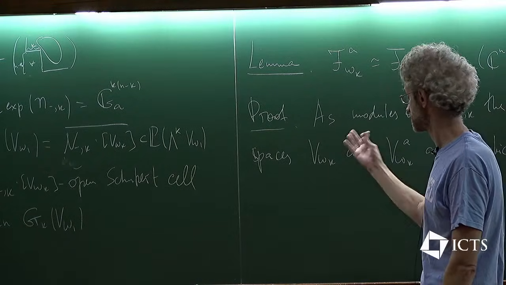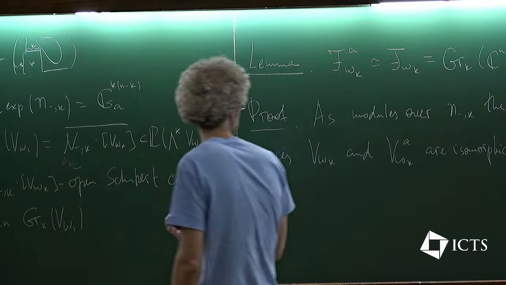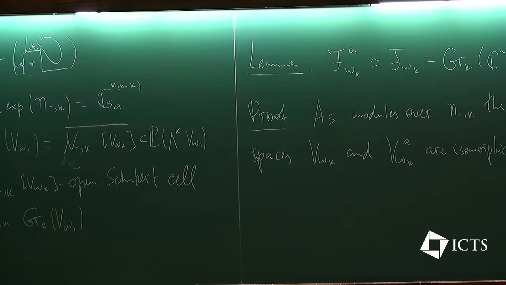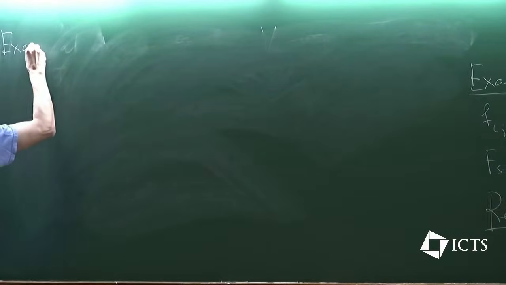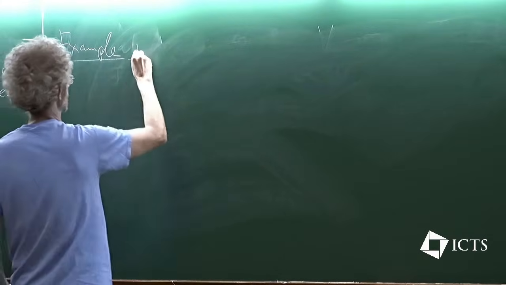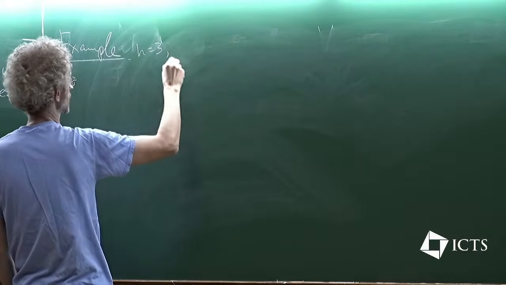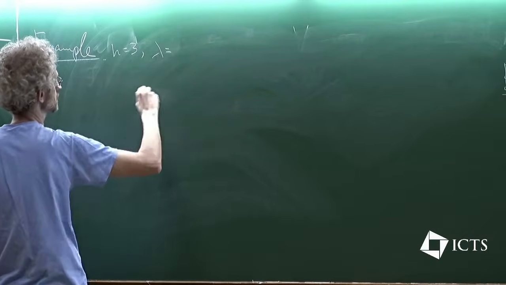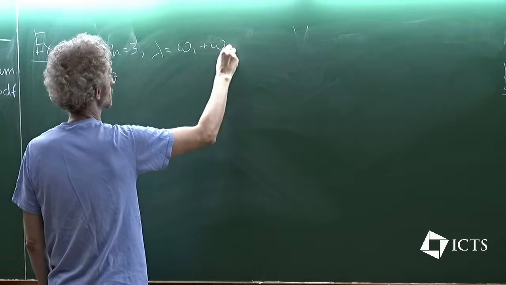Okay. So this is boring so far, but let me give you the first non-trivial example to see that things are actually much more interesting in general. The first non-trivial example shows up in the n equals 3 case. So n is 3, and then lambda is omega 1 plus omega 2.